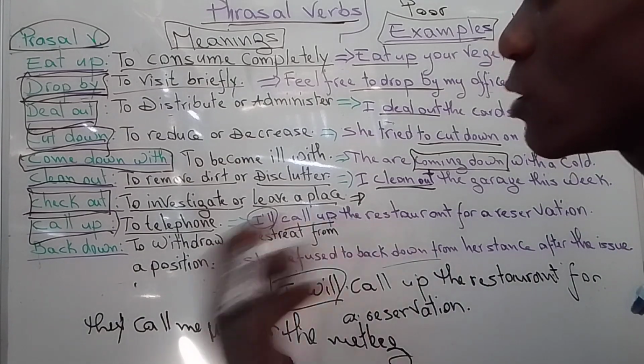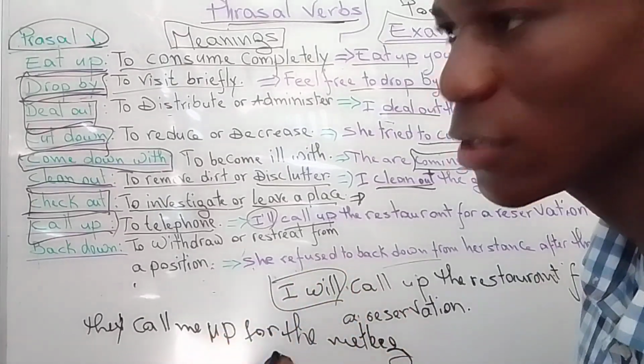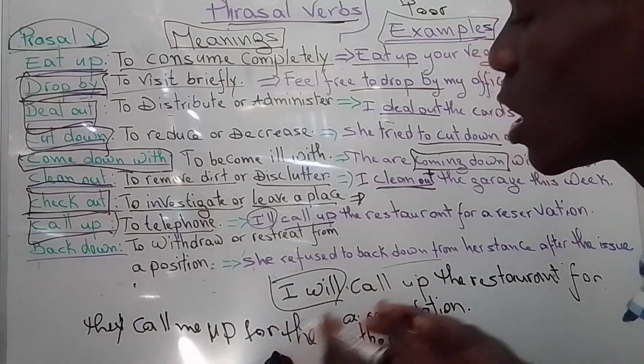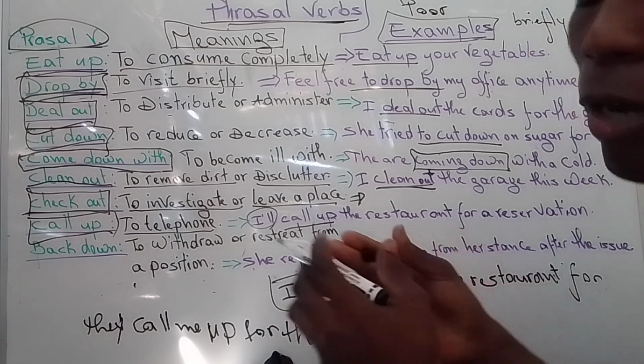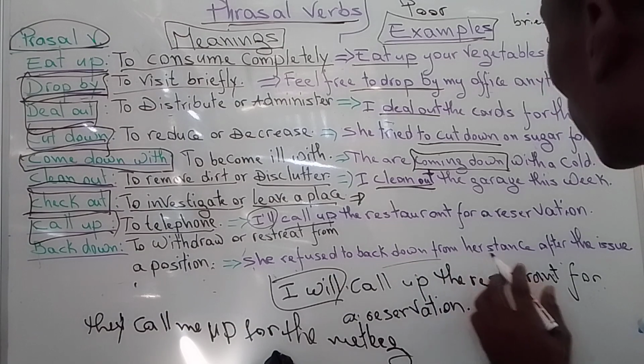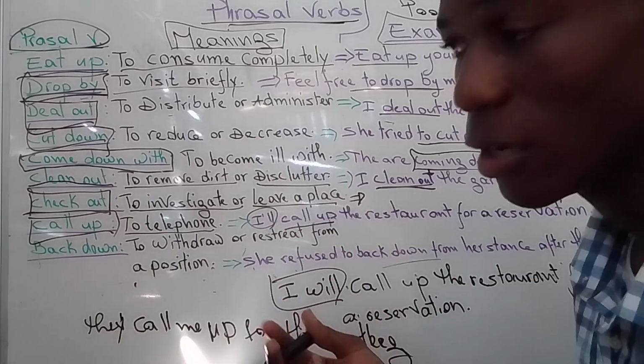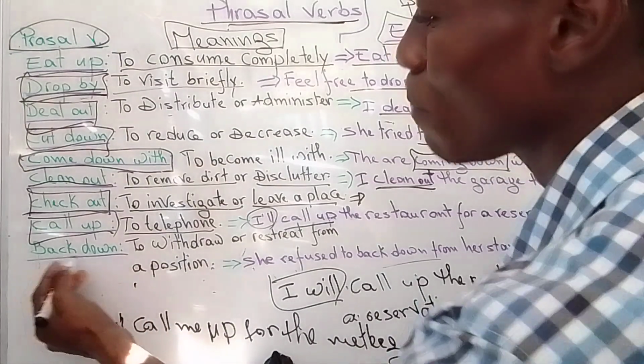She refused to withdraw from her place in the company because of her issue. She refused to back down from her stance after the issue. That means to back down.